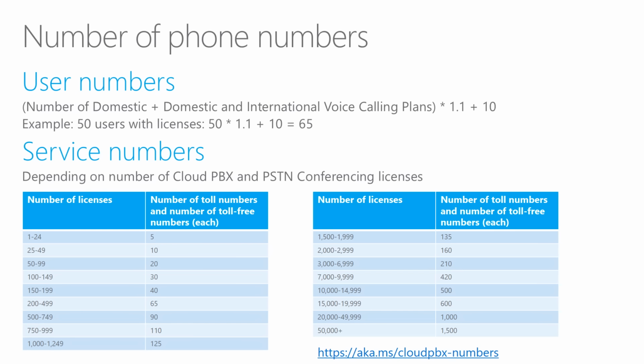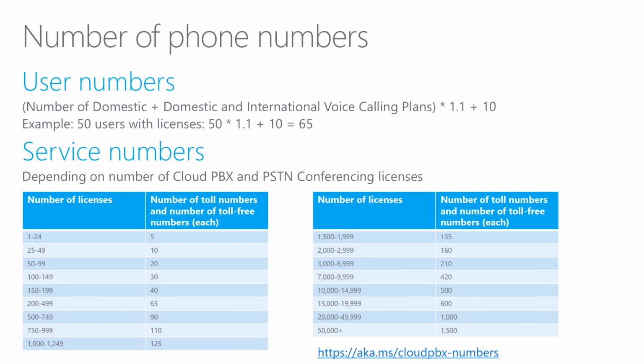How many phone numbers can you get? It depends if we're talking about user numbers or service numbers. For user numbers, there's a very simple formula that you can use. It is the number of domestic plus the number of domestic and international voice calling plans that you have, times 1.1, plus 10.